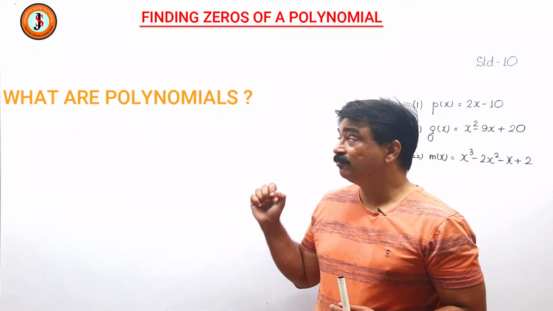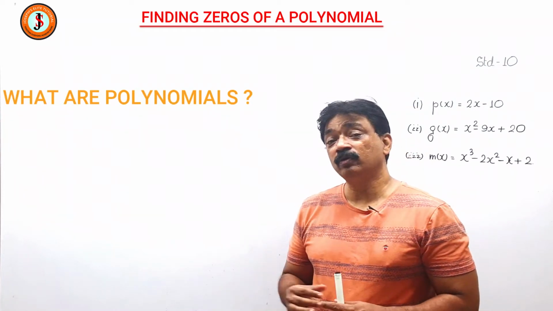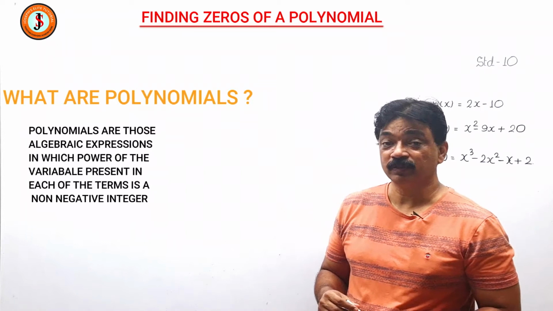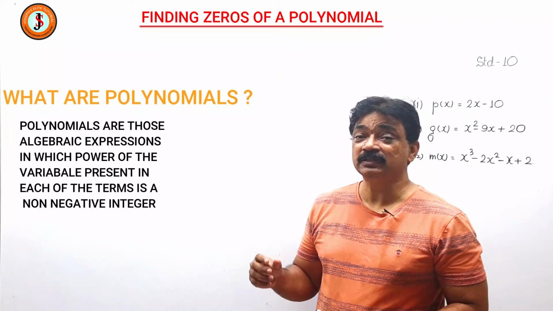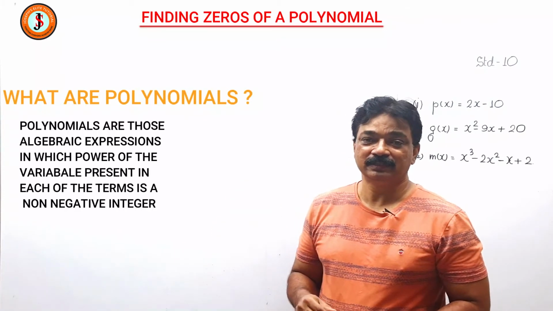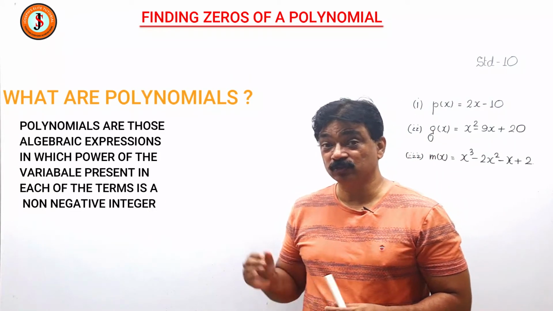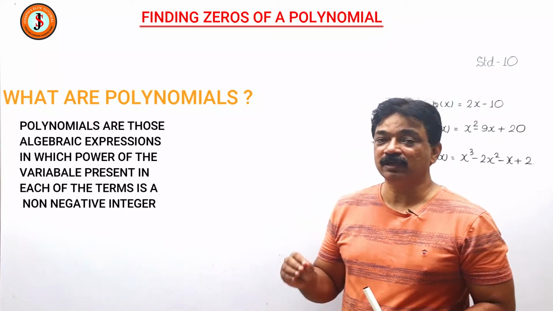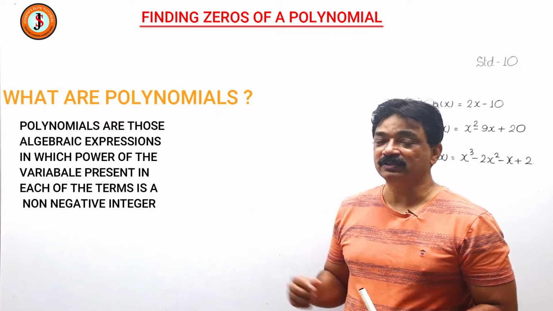Once again, if we define polynomials, then what are polynomials? Polynomials are those algebraic expressions in which the power of the variables present in each of the terms is a non-negative integer. That means 3x square plus 4x plus 5 is a polynomial because each term has the power of x as a non-negative integer.